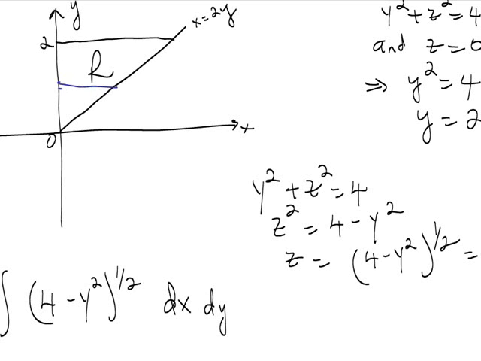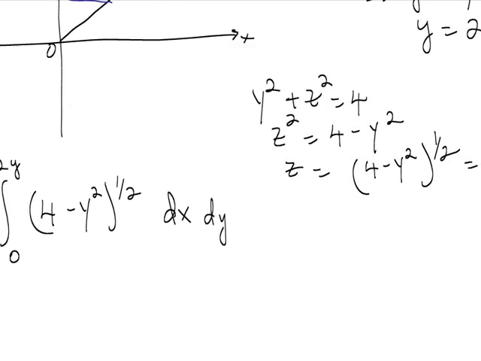So look at the integral before you decide. Okay, let's do this. What are the y limits? 0 to 2. What are the x limits? Left to right, 2y. Beautiful. Let's integrate. 0 to 2.